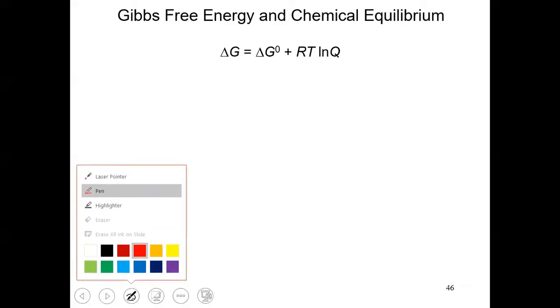So if you use a little more elaborate math than what we've talked about here, we can arrive at this equation I'm going to show you, which is a more exact way of calculating the actual free energy of a reaction. And it looks like this. What we've been calculating for the most part has actually been the standard free energy change, delta G naught.